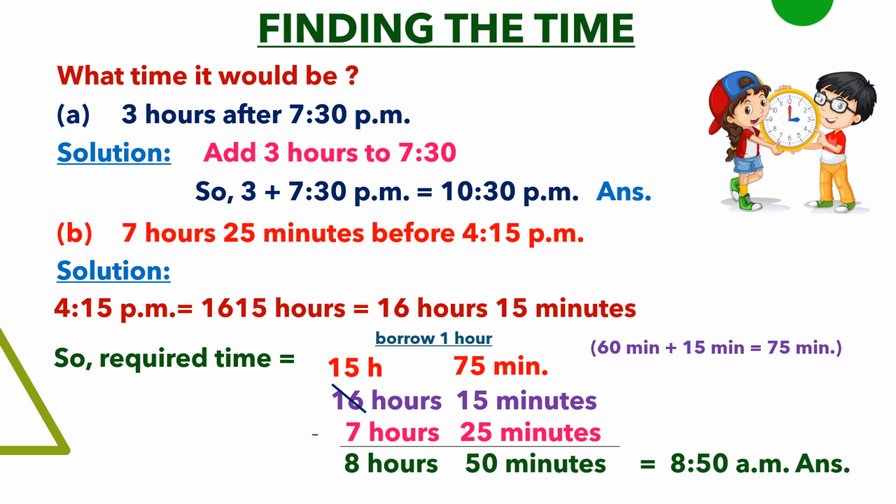If we subtract 25 minutes from 75 minutes, we get 50 minutes. Then we have already borrowed 1 hour from 16 hours. That remains 15 hours. 15 minus 7 is equal to 8 hours. So hours are 8 hours 50 minutes, and the timing will be 8:50 a.m., which is our answer.